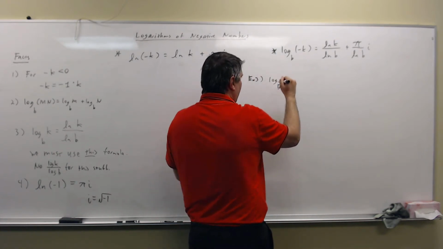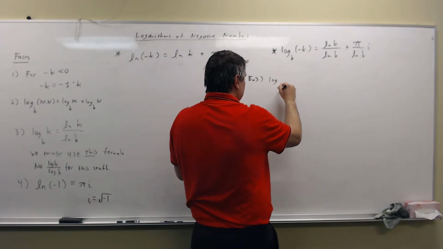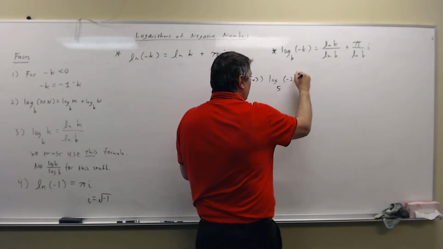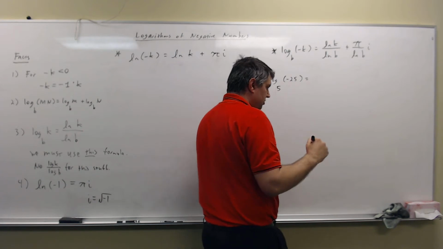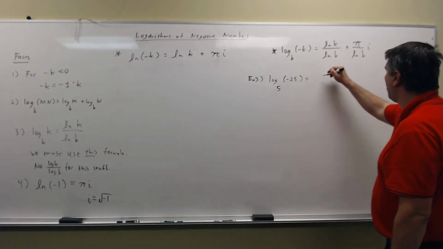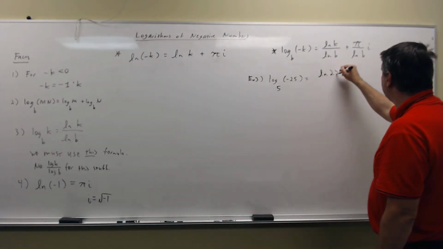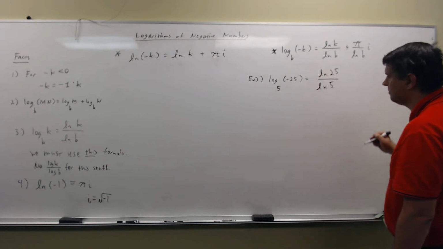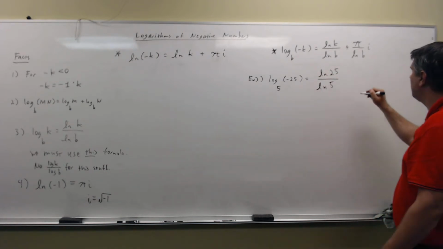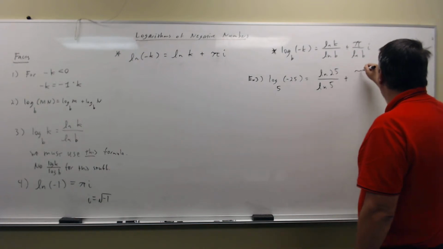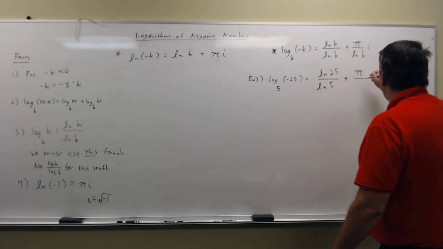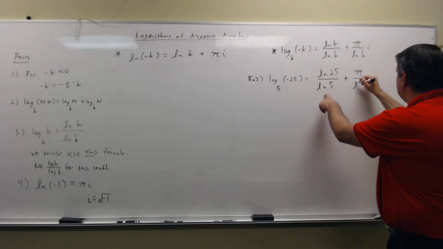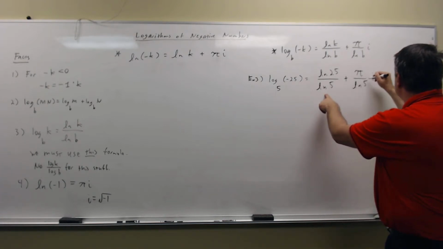Log base 5 of negative 25 equals the natural log of positive 25 over the natural log of 5 plus pi over the natural log of 5 times i.